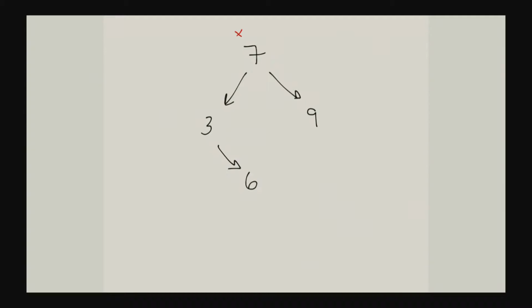We would compare the value we're looking for, say 6, to the value stored in the node that we're currently looking at, 7. Find that 6 is indeed less than 7, so we'd move to the left. If the value 6 had been greater than 7, we would have instead moved to the right. But since we know that due to the structure of our ordered binary tree, all of the values less than 7 are going to be stored to the left of 7, there's no need to even bother looking through the right side of the tree.